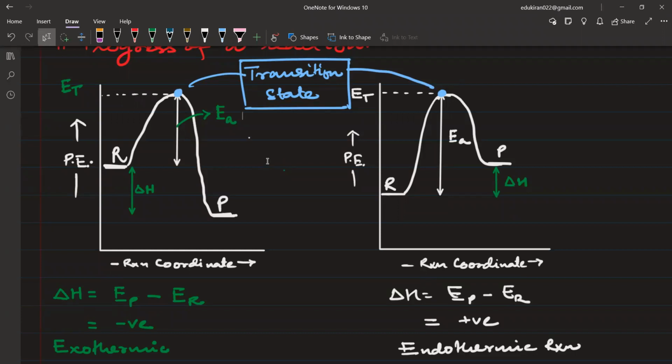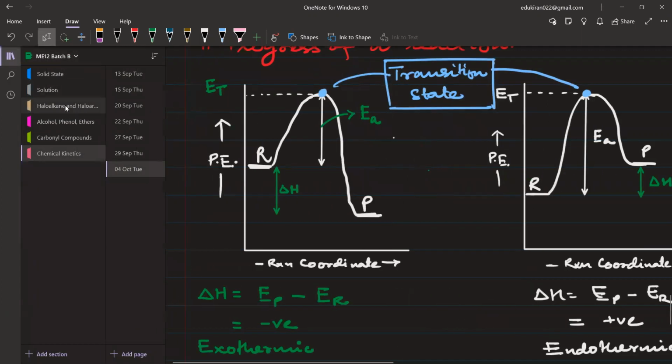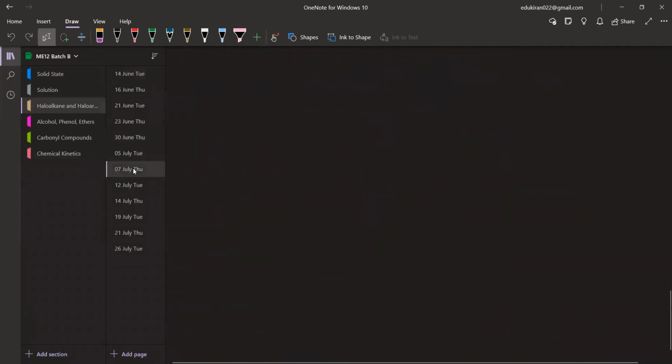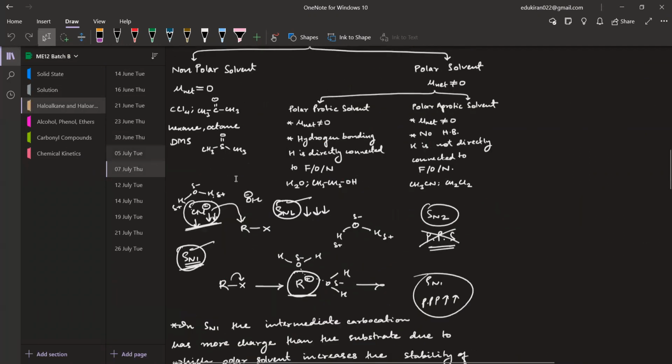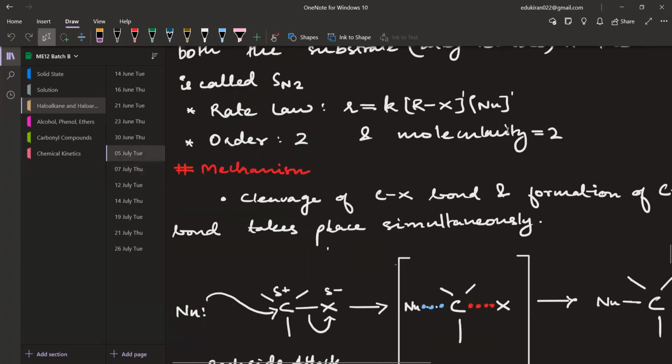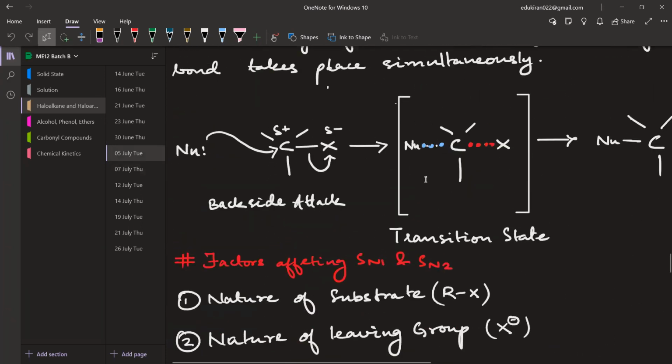Draw this graph, then I will explain, and I will write points for each. And with an example, I will also explain what a transition state is. You have seen the transition state in the SN2 reaction, if you remember, guys. You see this transition state. It lies between the reactant and the product.